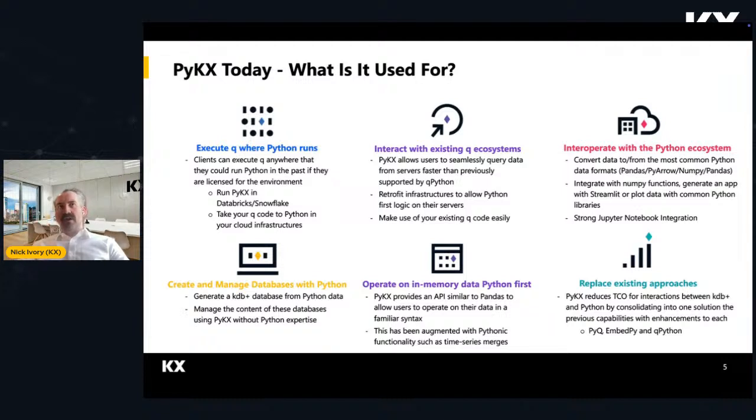A customer testimonial I could point to, one of our partners, the largest hedge fund in Manhattan, they've seen faster execution of their complex event processing workflows, talking about several orders of magnitude faster than using pandas. And with the recent release of PyKX version 3.0, it's only getting faster.